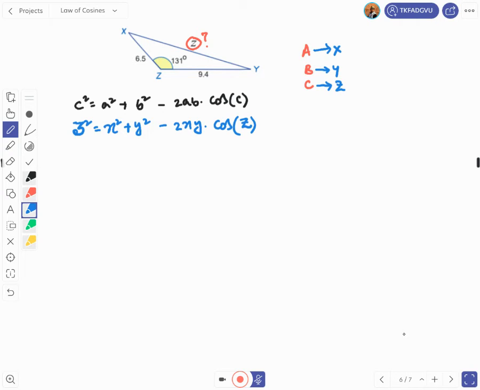Now let's plug in these values. What is x square? The value opposite to angle X is going to be the small x value.